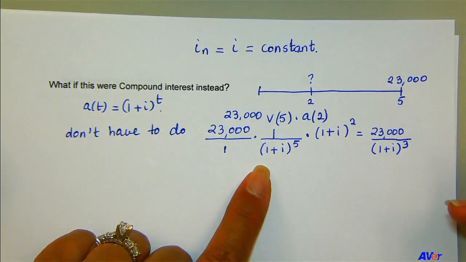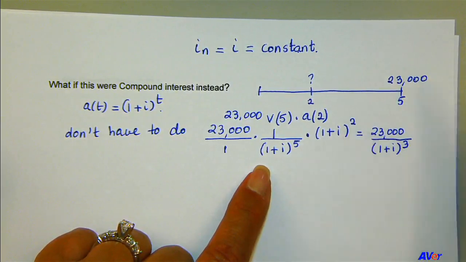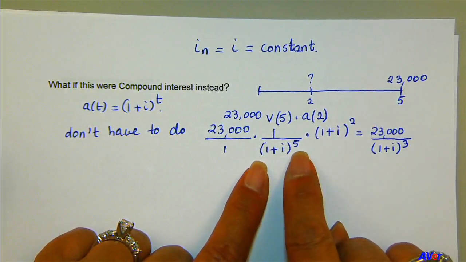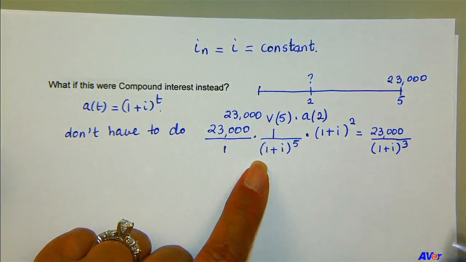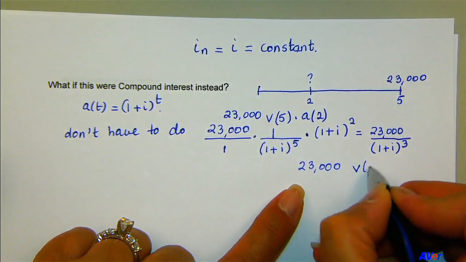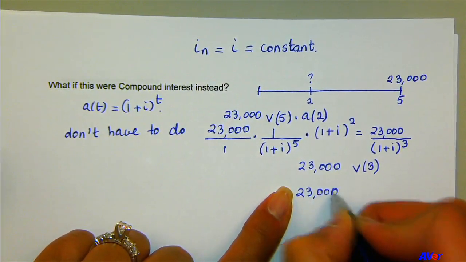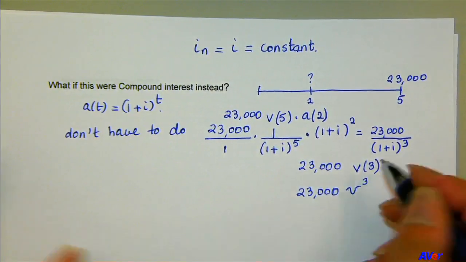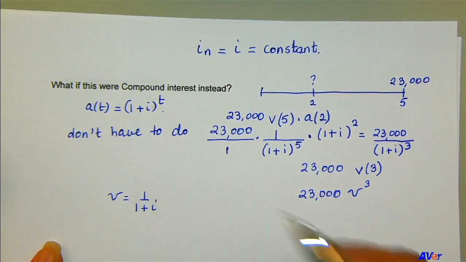Because in this case, for compound interest, 1 plus i squared divided by 1 plus i to the 5 is 1 over 1 plus i cubed. So it's the same as saying 23,000 V to the 3, where V is 1 over 1 plus i. Right?